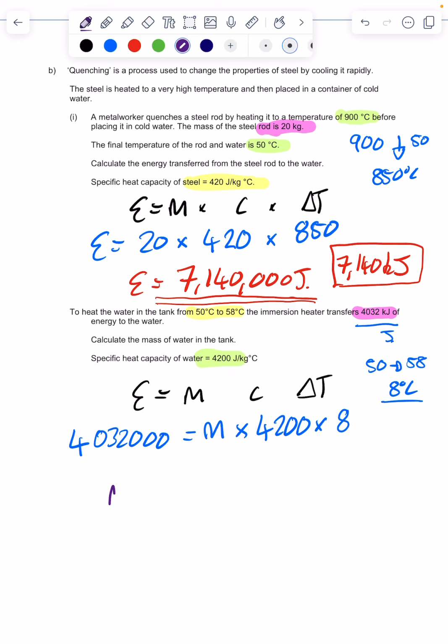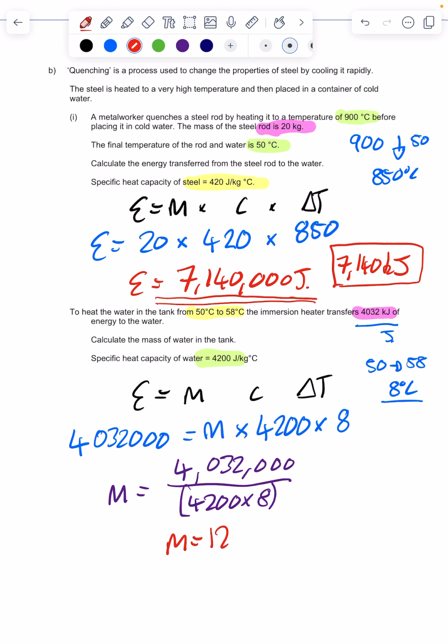Mass is going to be equal to 4,032,000 divided by 4,200 times 8. After we plug that into our calculator, we'll get a mass of 120 kilograms.